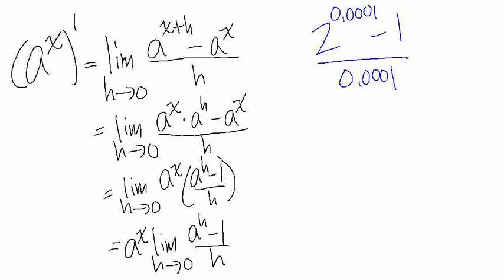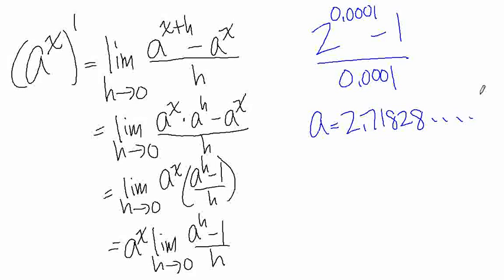All right, I hope you noticed that that limit is approximately 1 for a equal to 2.71828. And you can even find more digits in the decimal expansion, which will get it even closer to 1.